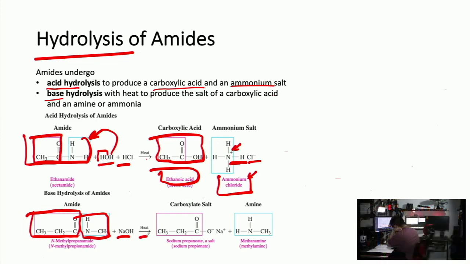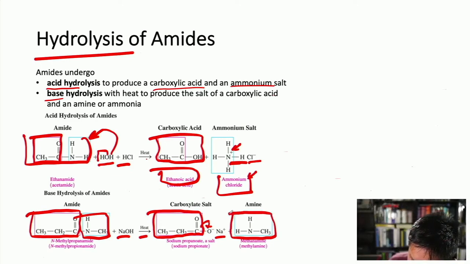The propanamide part will regain its oxygen from the hydroxide. We'll have a sodium ion left over to balance out the negative charge on the oxygen. And the leftover hydrogen goes to the amide part, giving you methylamine.